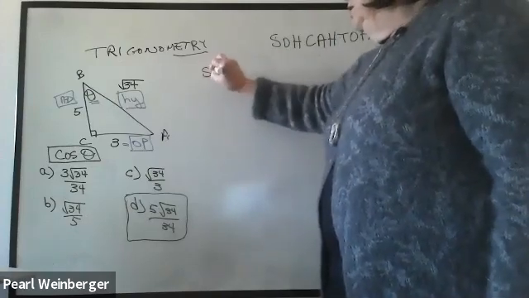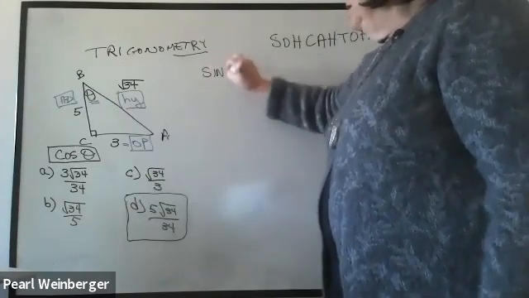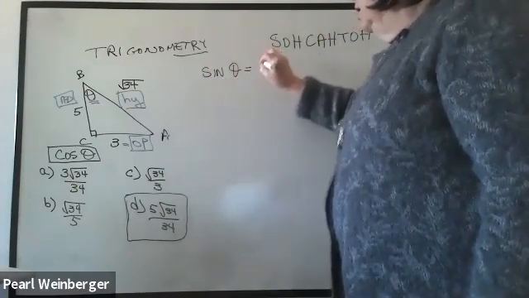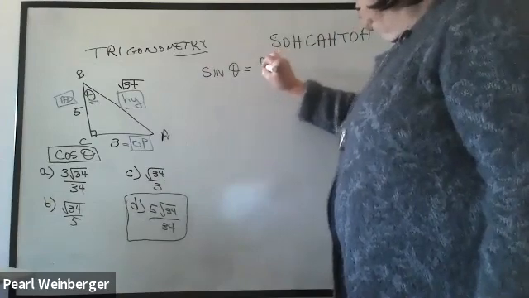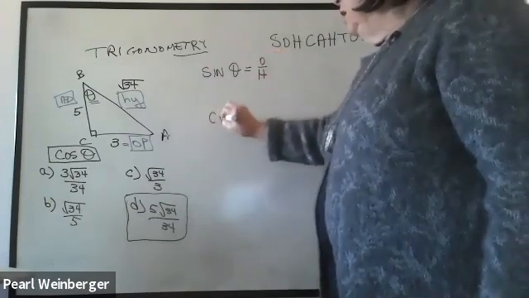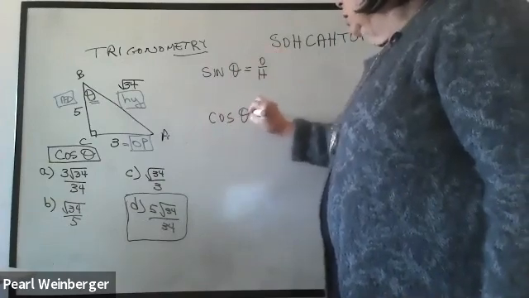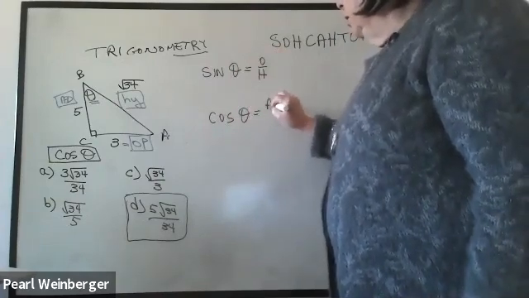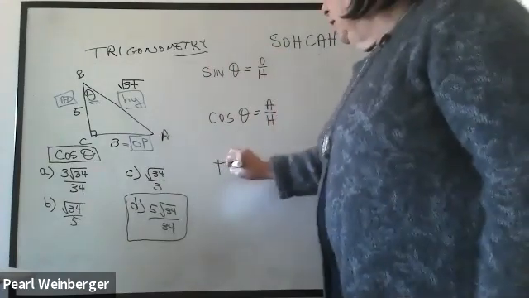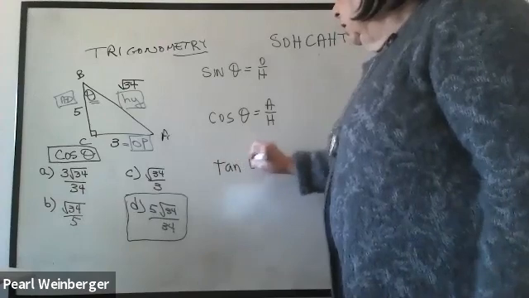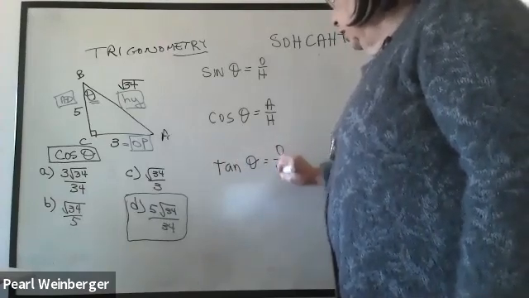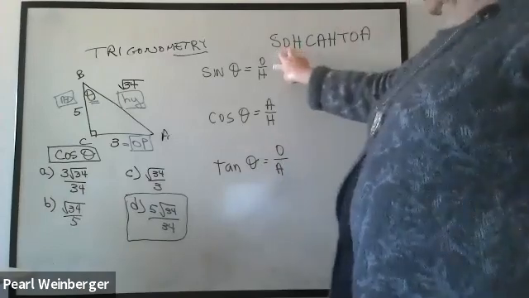Let's remind ourselves, the sine of theta is opposite over hypotenuse. The cosine of theta is adjacent over hypotenuse. And the tangent of theta is opposite over adjacent. That's what this is saying.